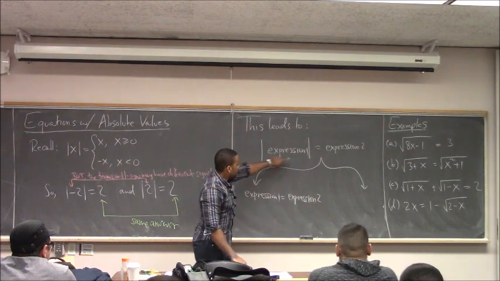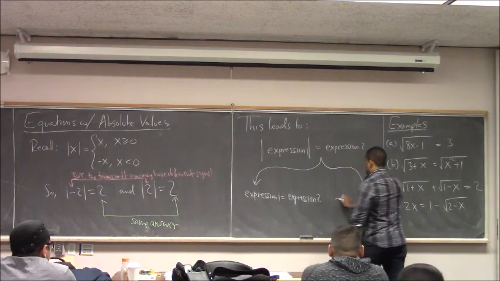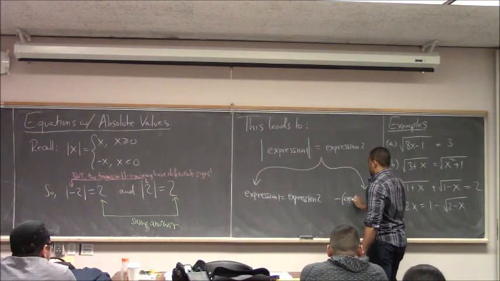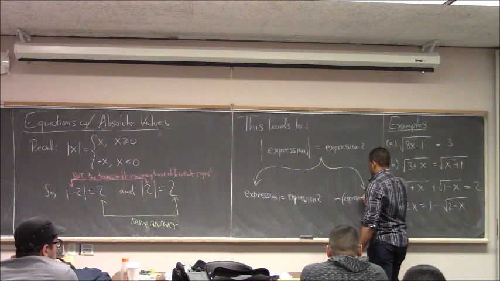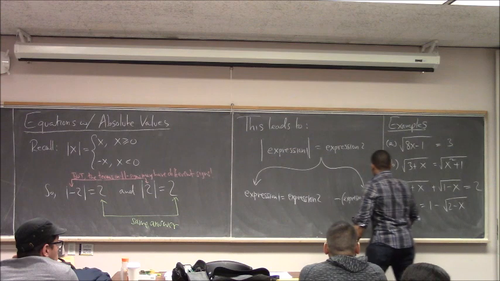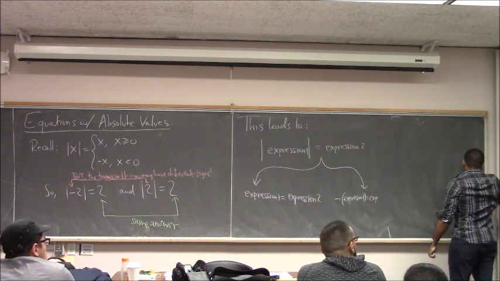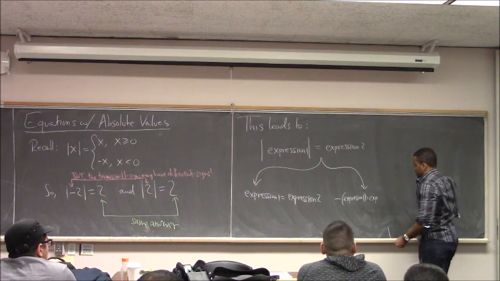Or you have to take what's inside the absolute values as the negative of what you're seeing. Negative of expression 1 equals expression 2. So an absolute value equation breaks down into two possibilities.